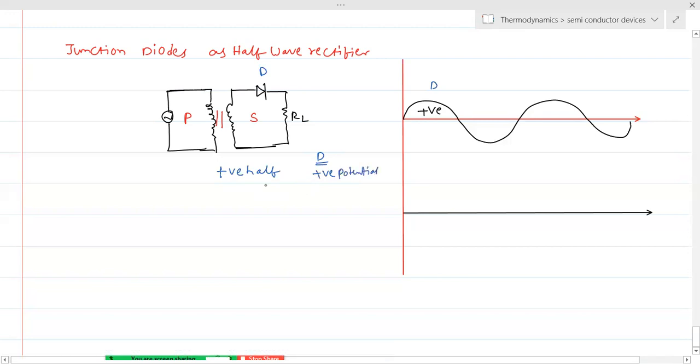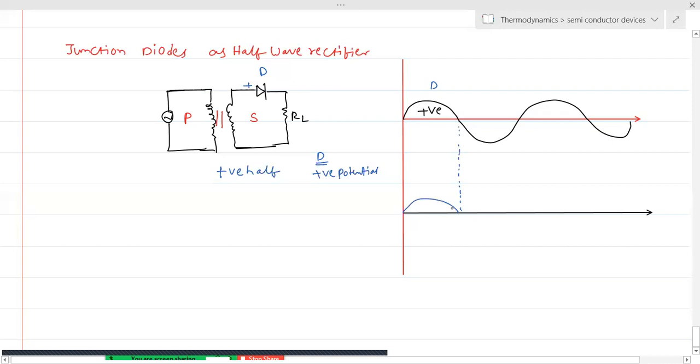When positive potential is given to the PN junction diode, it acts as forward bias. Therefore, the diode conducts electricity, and we have the output current. This is the input AC, and this is the output DC.